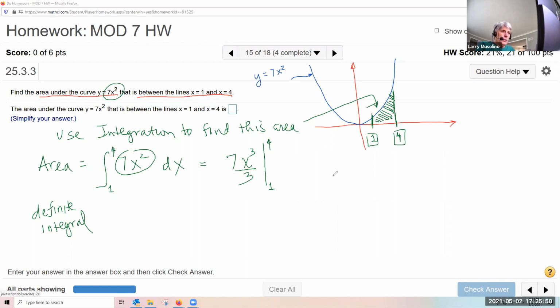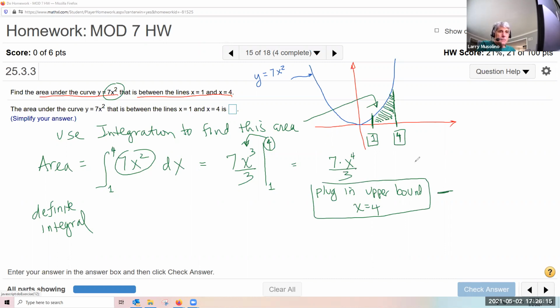All right, so here's how you do it. What you do is you plug in the upper bound into this function. So our upper bound was x equal 4. So I'm going to plug x equal 4 into this expression. If I do that, that's going to be 7 times x to the 4 over 3. Then what you do is you subtract when you plug in the lower bound. So now I'm going to plug in the lower bound of x equal 1.